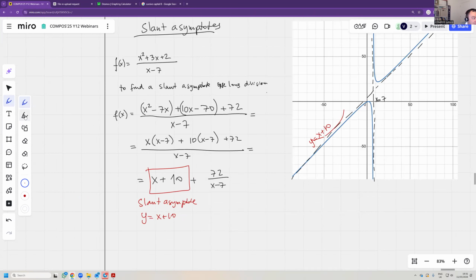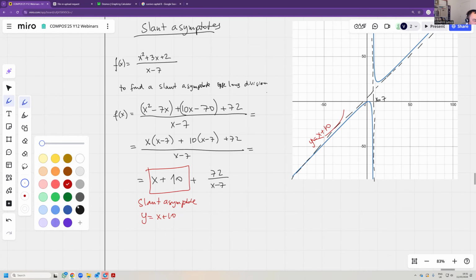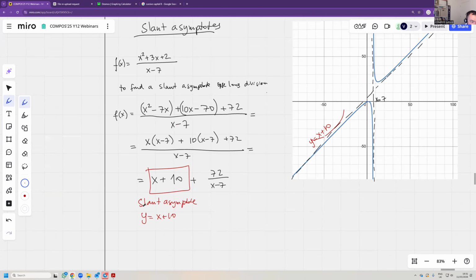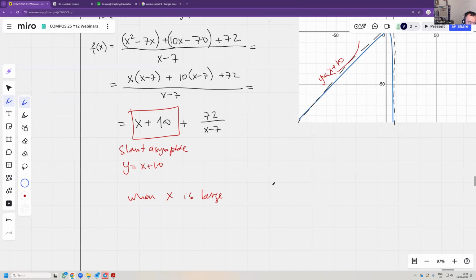This is the function. And when x is large, 72 over x minus 7 tends to 0. This term is 0 because as x becomes bigger, this is 0.